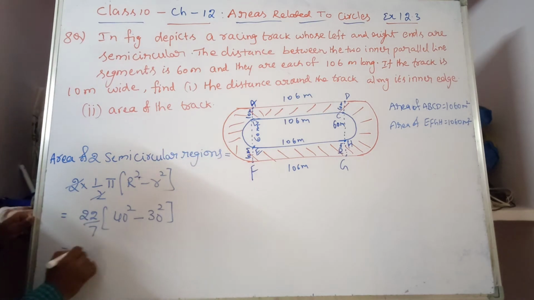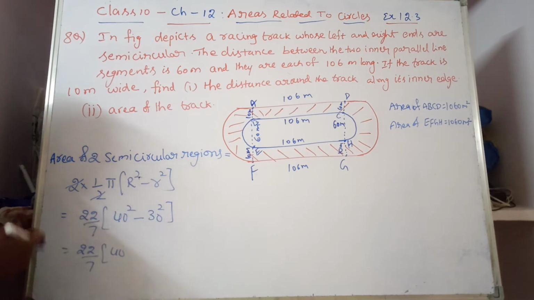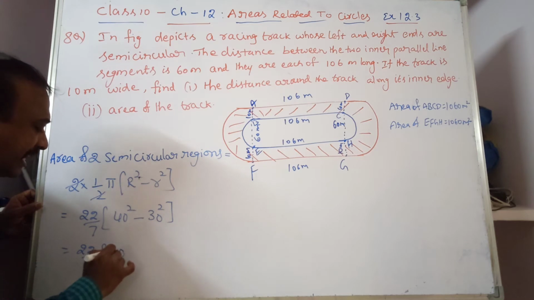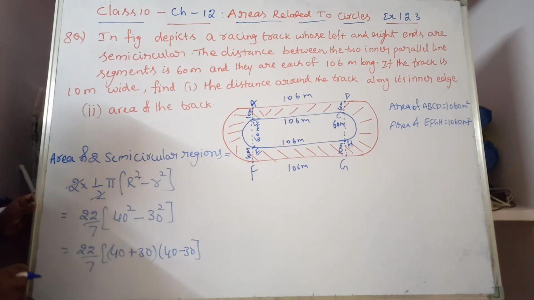Now you see 22 by 7 into 40, a square minus b square, which can be expressed in the form of a plus b into a minus b. So 40 plus 30 into 40 minus 30.